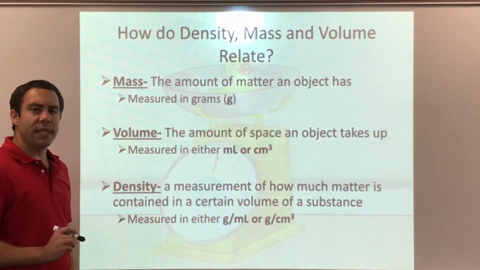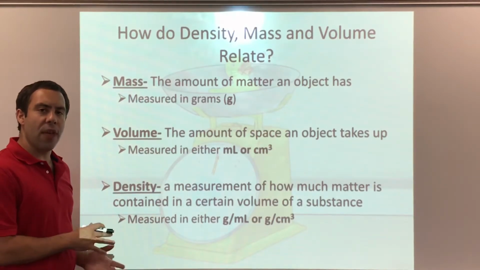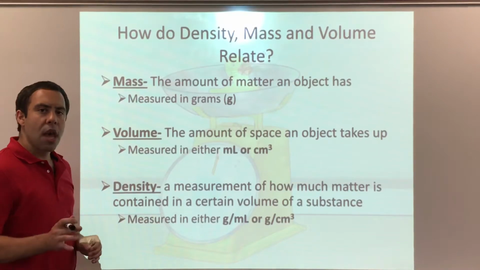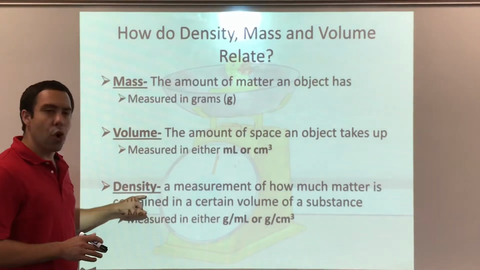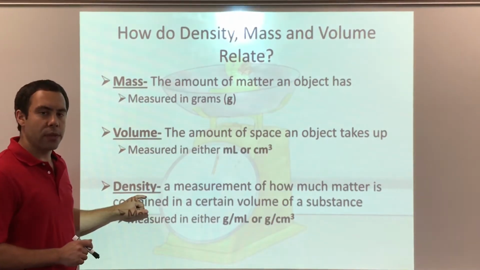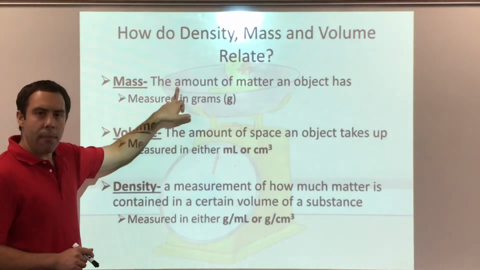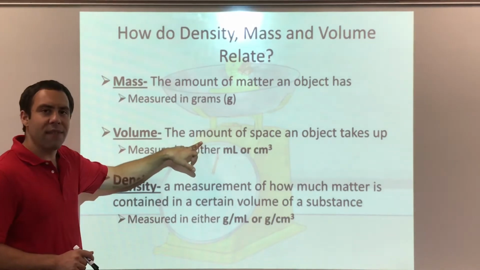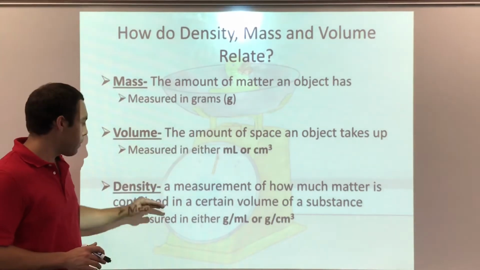In our previous example, we had the rocks and the feathers. They both had a mass of 1 kilogram. But since the rocks were more dense than the feathers, that 1 kilogram of mass took up less space or less volume than the feathers.